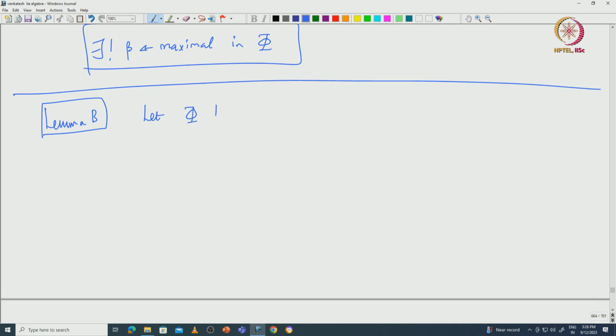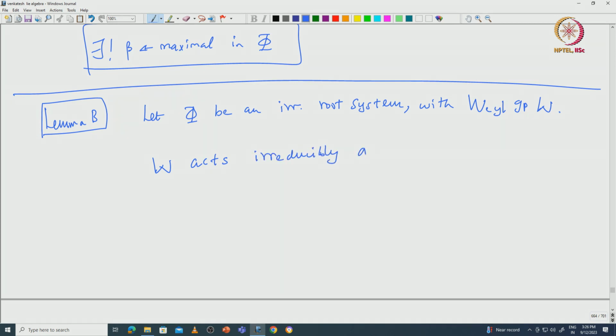Let phi be an irreducible root system with Weyl group, let us say W. Then W naturally acts on E. What we want to claim is that it acts irreducibly on E. What is the meaning of that?